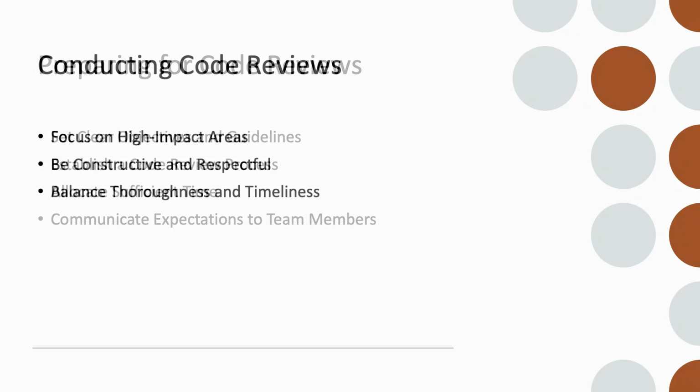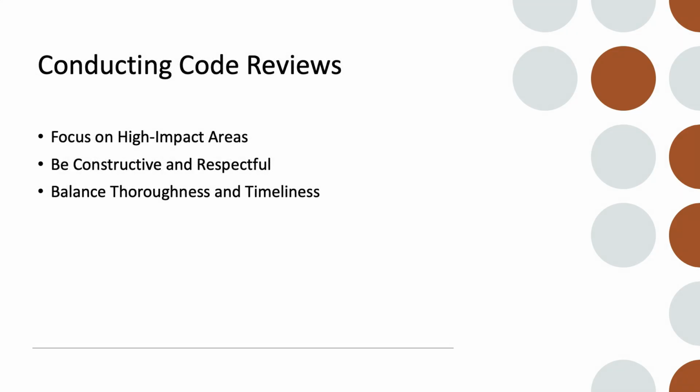In general, when conducting code reviews, it is important for reviewers to focus on high-impact areas that are critical to the functionality, performance, and security of the code. This may involve prioritizing certain aspects of the code, such as complex algorithms, sensitive data handling, or areas that are prone to bugs and vulnerabilities.